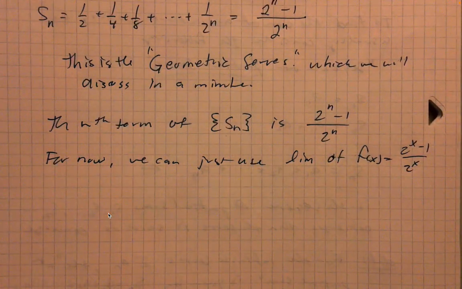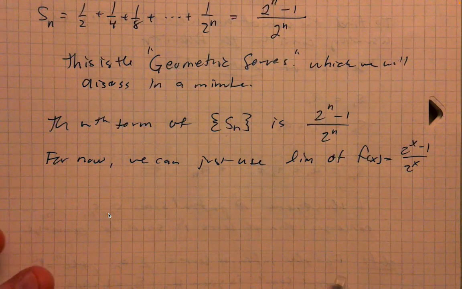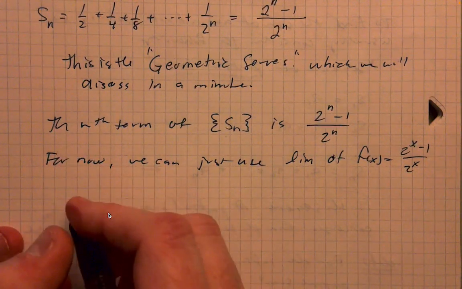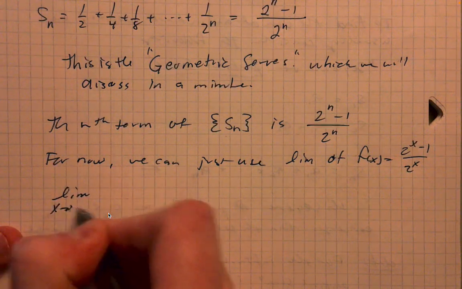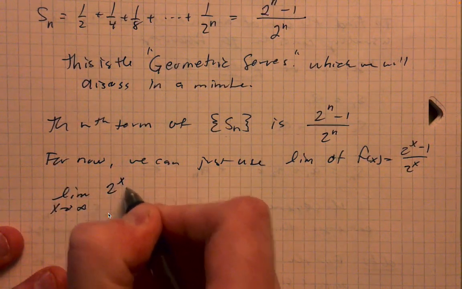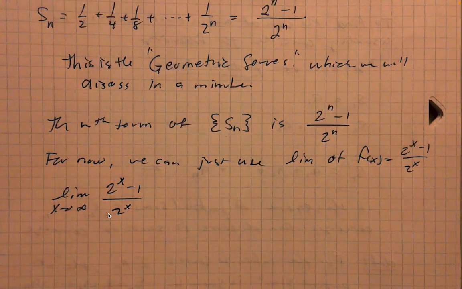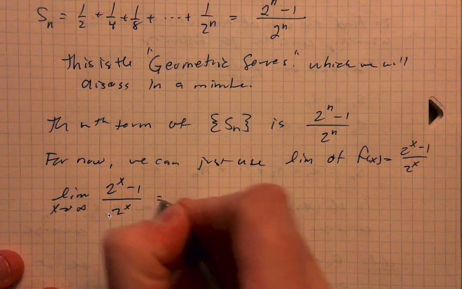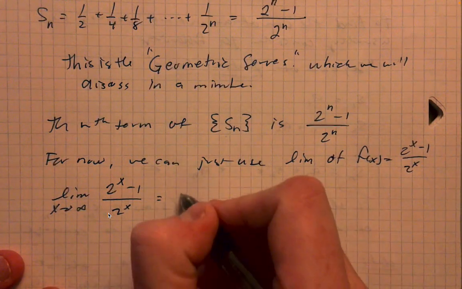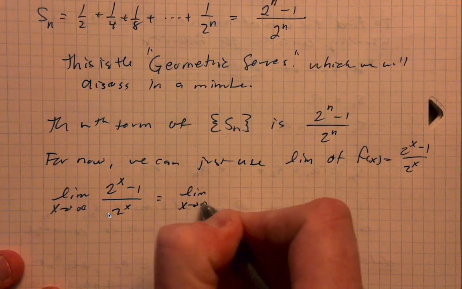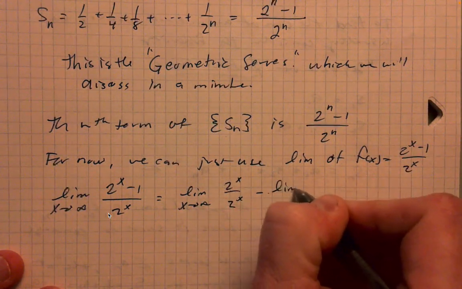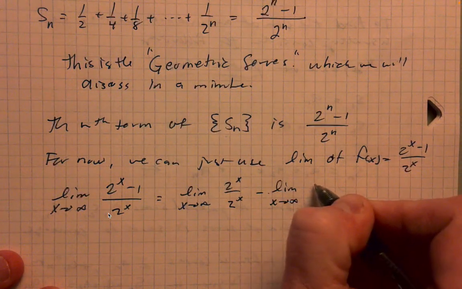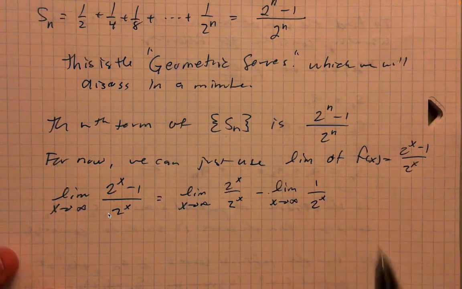Basically what we can see here is the limit as x goes to infinity of (2 to the x minus 1) over 2 to the x. Well, you can break up that numerator, so it's equal to the limit as x goes to infinity of 2 to the x over 2 to the x, minus the limit as x goes to infinity of 1 over 2 to the x.